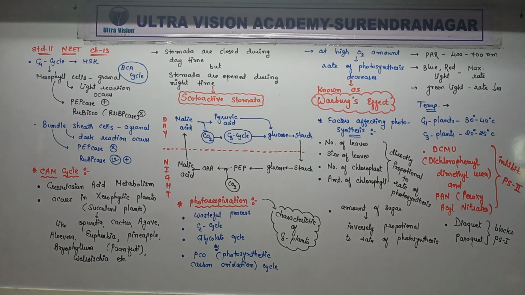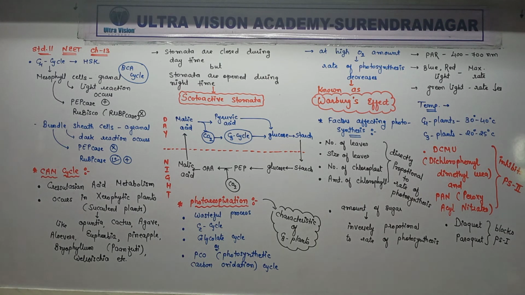If any type of chemical like DCMU or PAN is there, it blocks the PS2 and photolysis of water is inhibited. And diquat and paraquat block the PS1, so they inhibit the reduction of NADP.